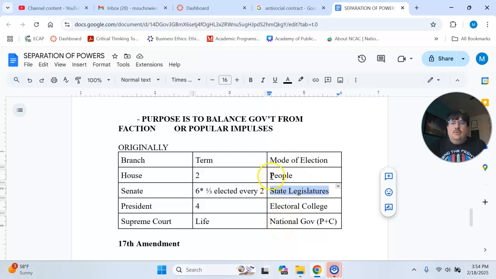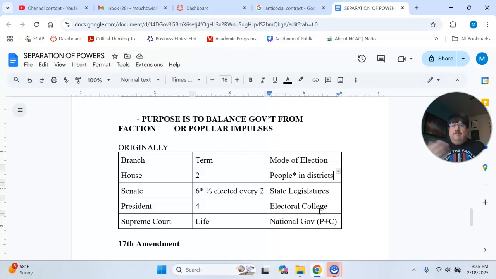That the House was going to be chosen by the people at large, and we're going to put those people actually in districts. So we're not going to do a general election for the entire state. We're going to say, okay, Arizona gets X number of people. We're going to carve up Arizona into those number of districts. So if it was 9, then we'd carve up Arizona into 9 districts.